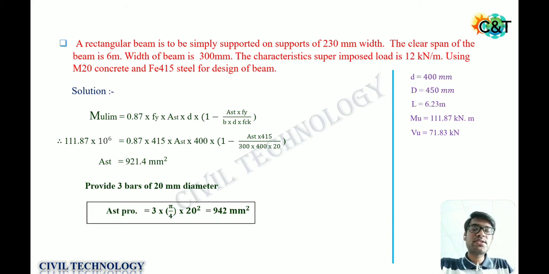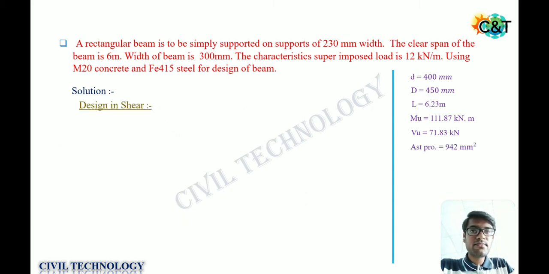For that we first of all have to check whether we have to design shear reinforcement, or whether the minimum reinforcement the code suggests is already sufficient. So first we have to check that, and based upon that we can go further. Design in shear.